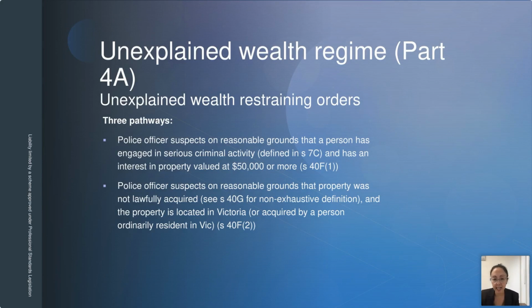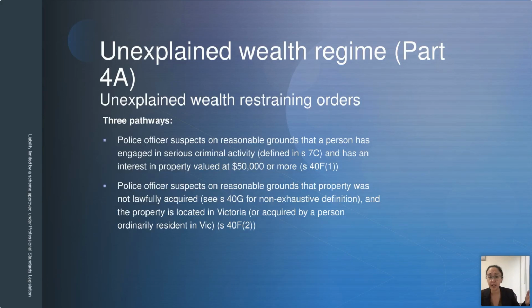For that second ground, and indeed for the first ground, often there are forensic accounting reports. I must say that in the unexplained wealth regime, there is more likely to be the provision of forensic accounting reports using information that has been gathered using powers under the Confiscation Act, using that information such as ATO income declared amounts.